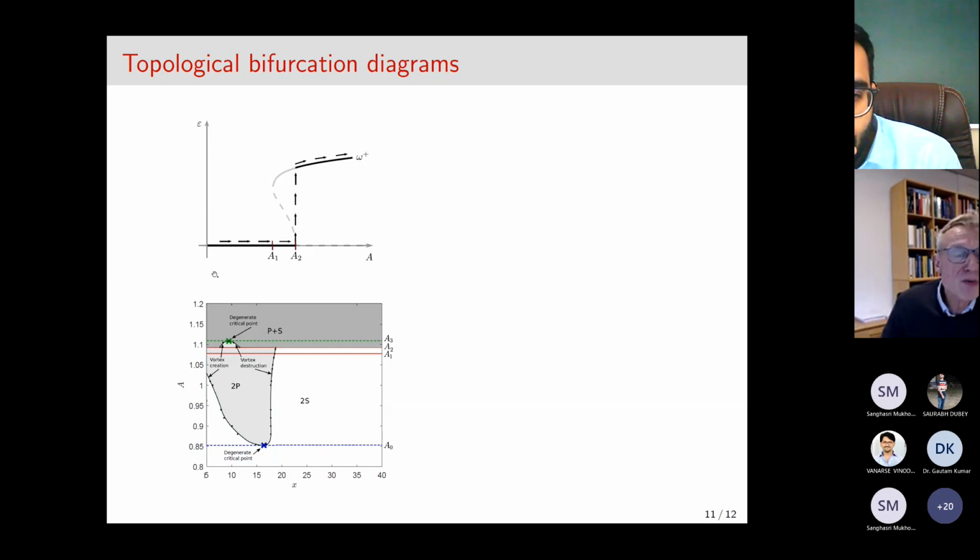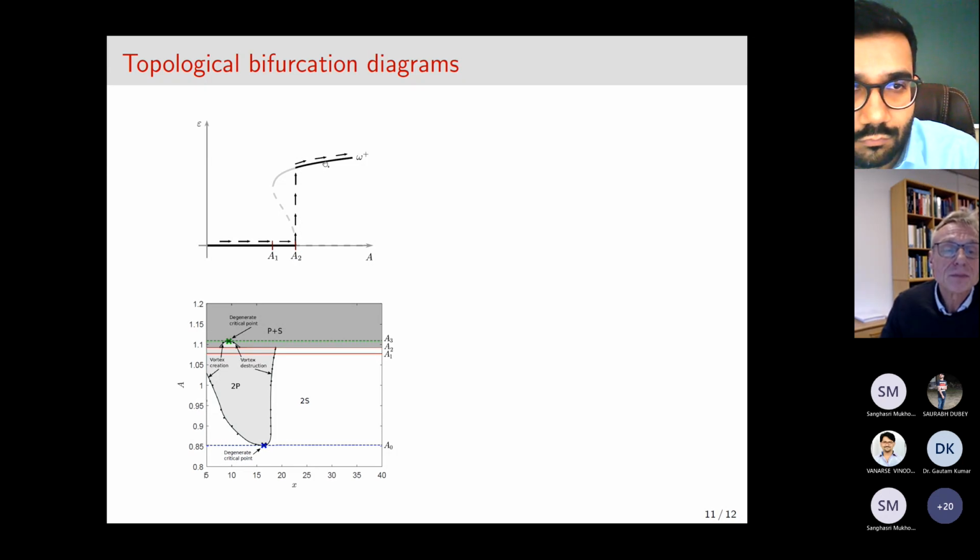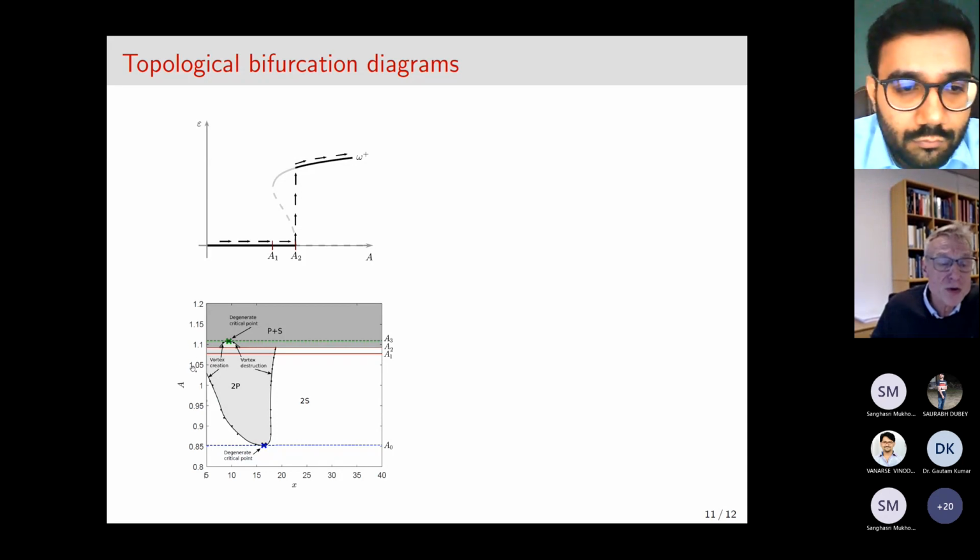So to go back to the point we want to address, really, what's going on as we increase across this symmetry breaking bifurcation? What implications does that have for the topology of the wake? And it's described in this bifurcation diagram, and I'll walk you through it.